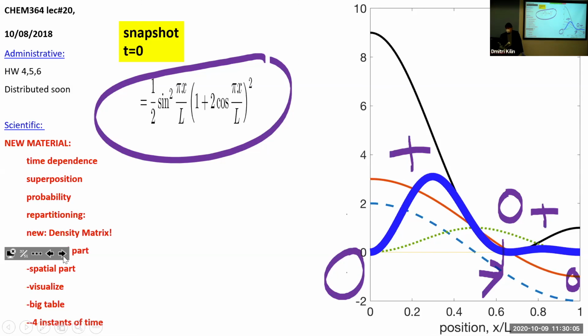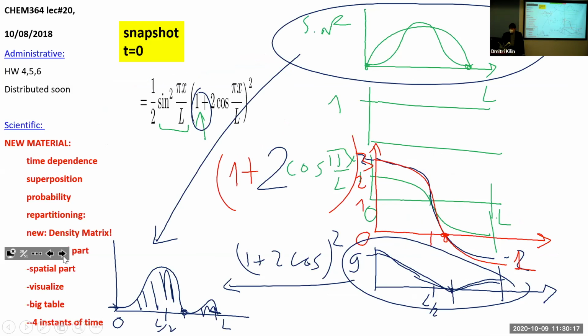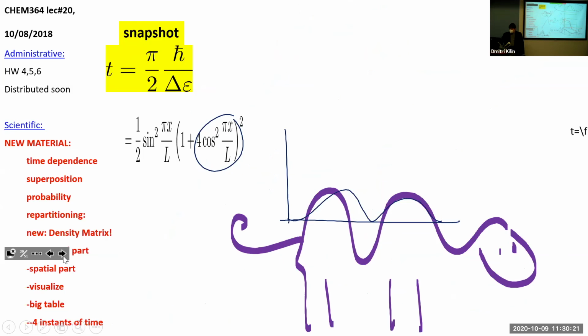So what computers do in fractions of a second, we did in like 5 minutes. So we can do things. Now let's go and open the quarter period.